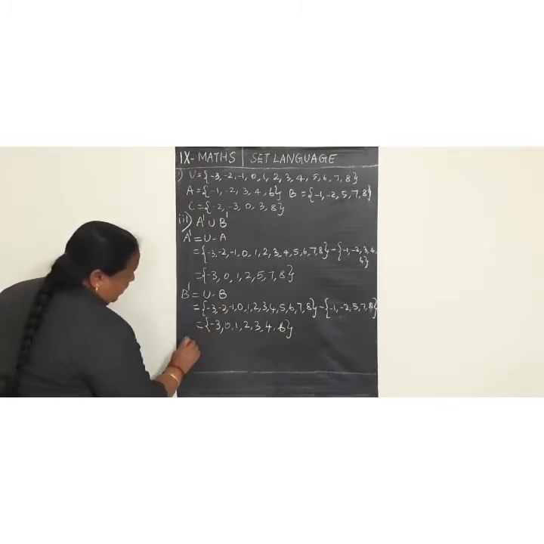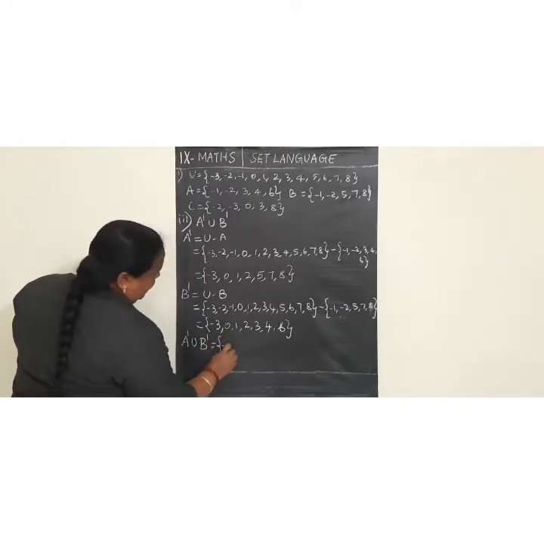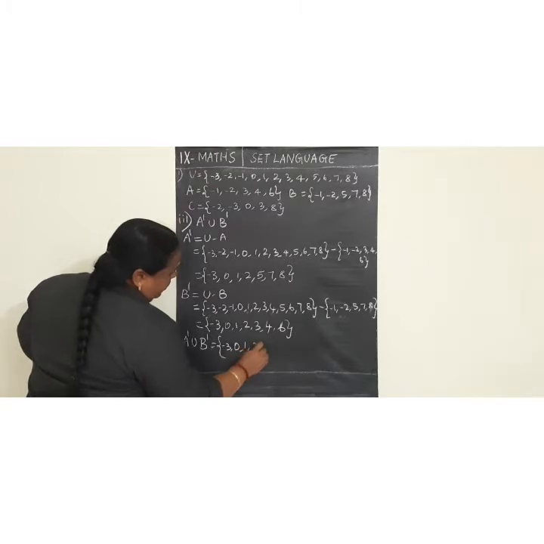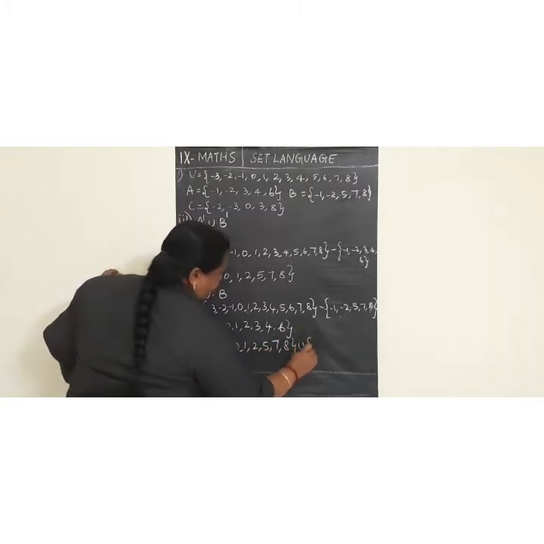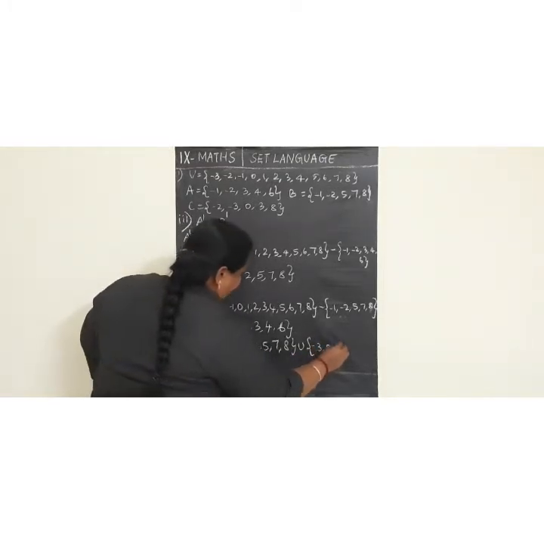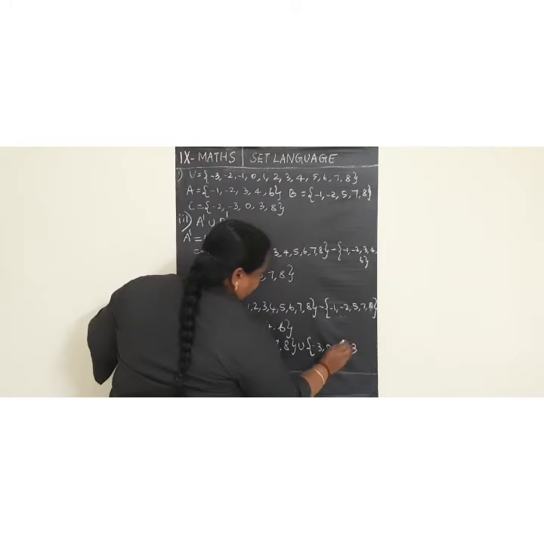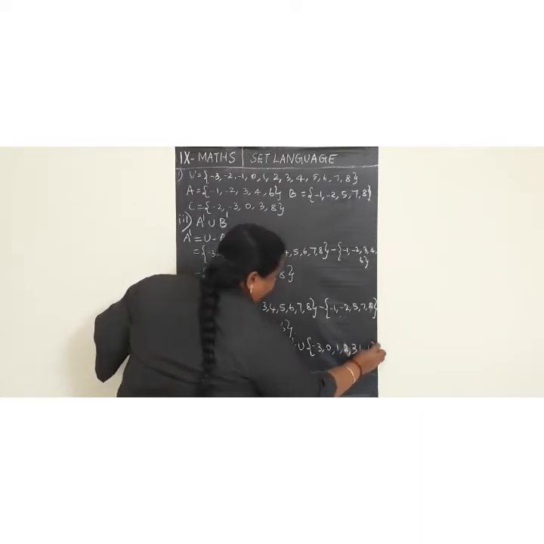Now we have to find A dash union B dash. First we have to write A dash: minus 3, 0, 1, 2, 5, 7, 8 union B dash: minus 3, 0, 1, 2, 3, 4, 6.